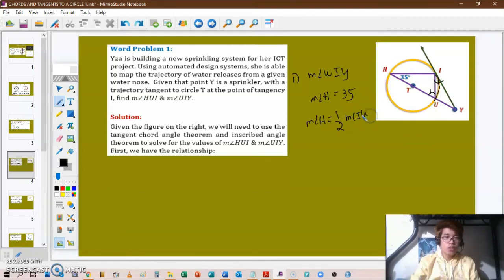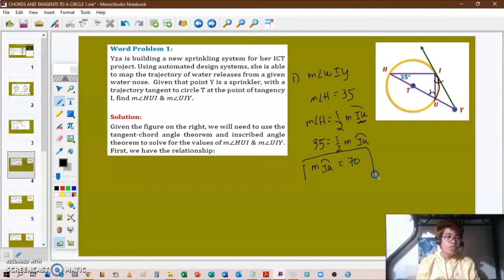So we need to find the measurement of arc IU. We write 35 is equal to 1/2 the measurement of arc IU, then multiply by 2, therefore the measurement of arc IU is equal to 70.